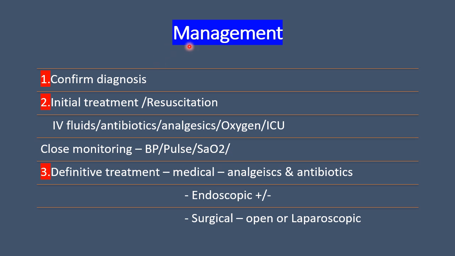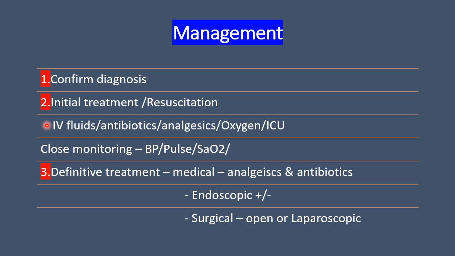Now we come to the management of gallstone cholecystitis. First confirm the diagnosis, and this can be done by ultrasound of the abdomen. Then continue with initial treatment or resuscitation with IV fluids, electrolytes, antibiotics, and analgesics.